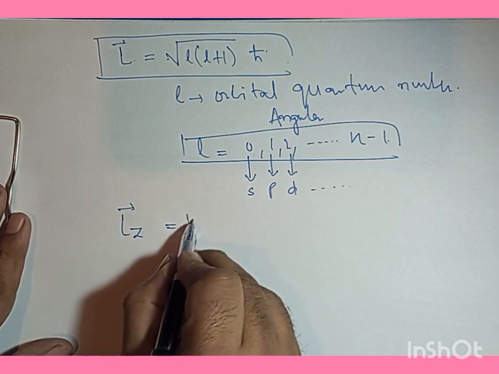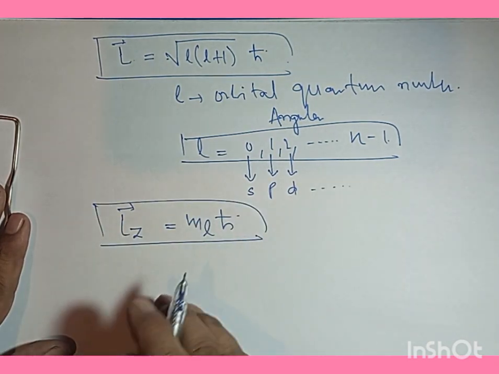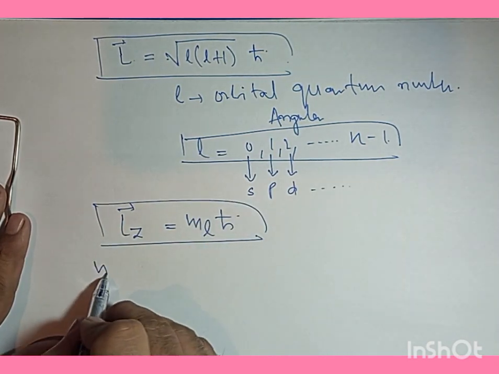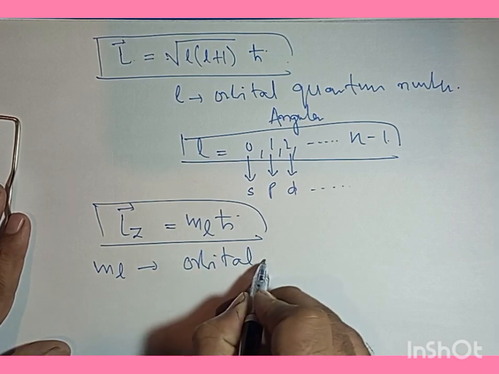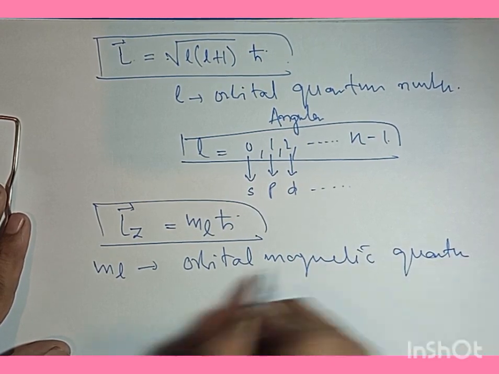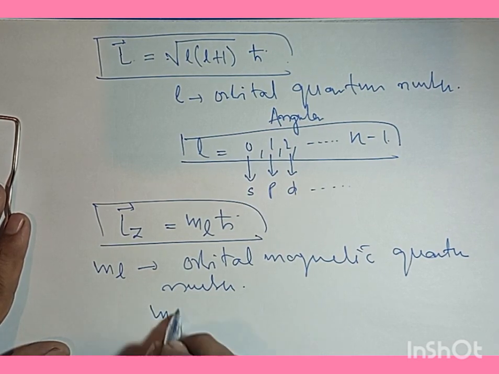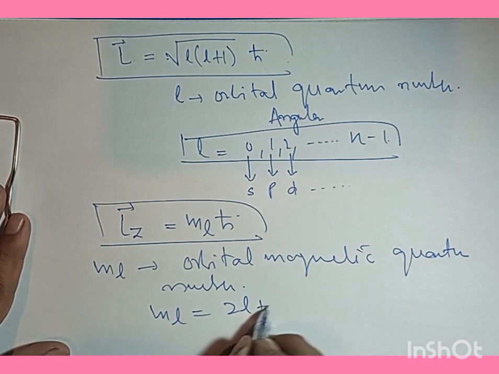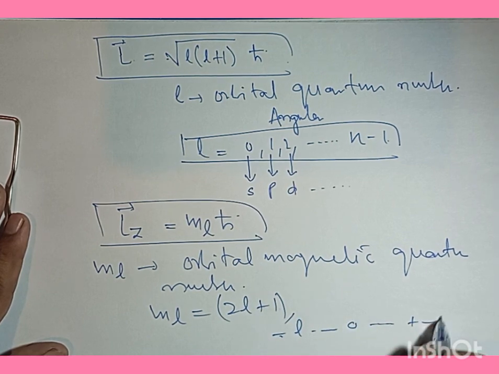And this Lz will be ml times h cross, and this ml is the orbital magnetic quantum number. And this ml can have 2l plus 1 values. Or we can say the values for ml will range from minus l to 0 to plus l.